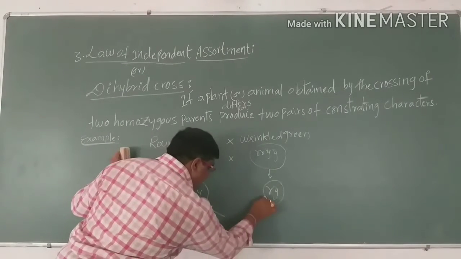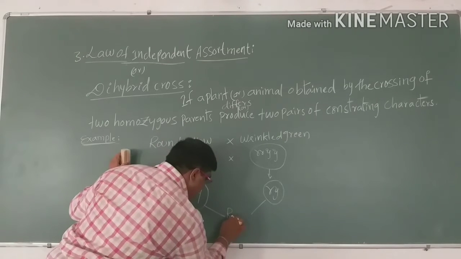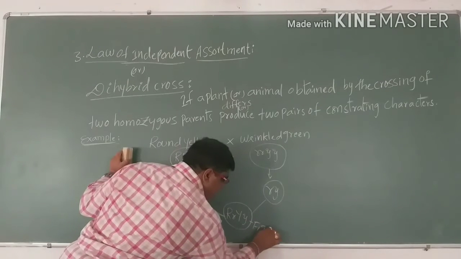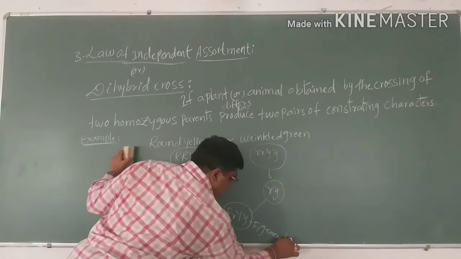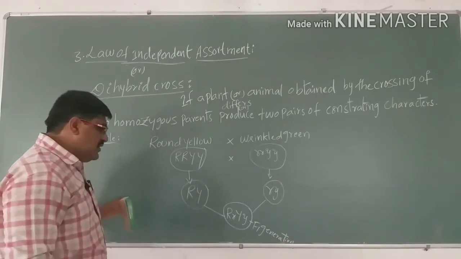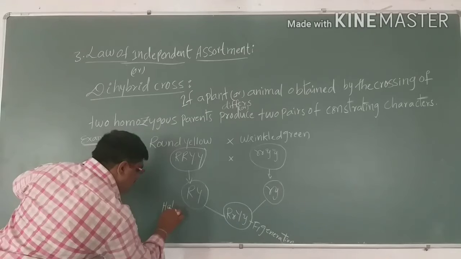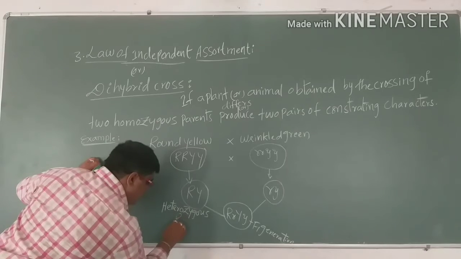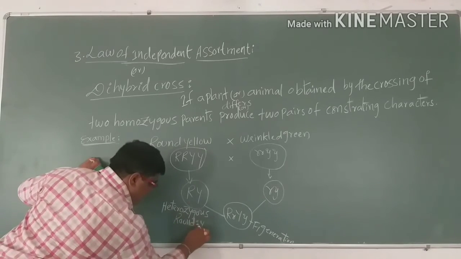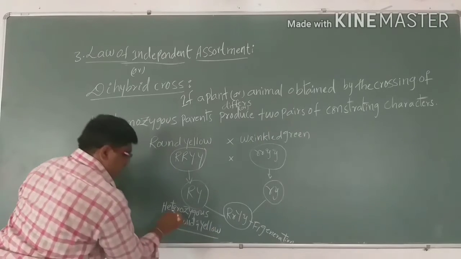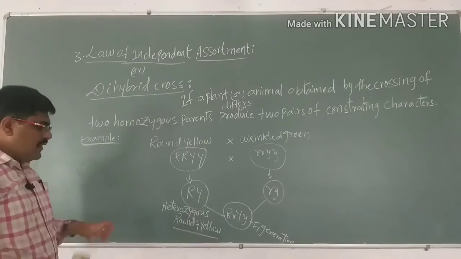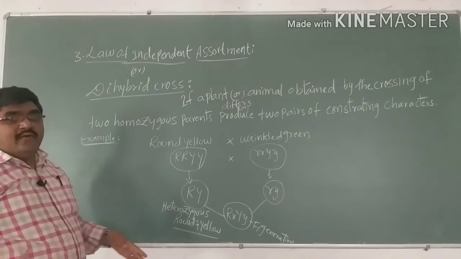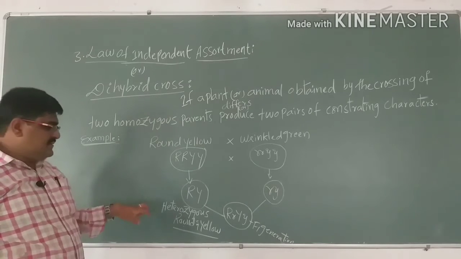So in the F1 generation we produce capital R, small r, capital Y, small y. In the F1 generation we are producing heterozygous round and yellow characters.